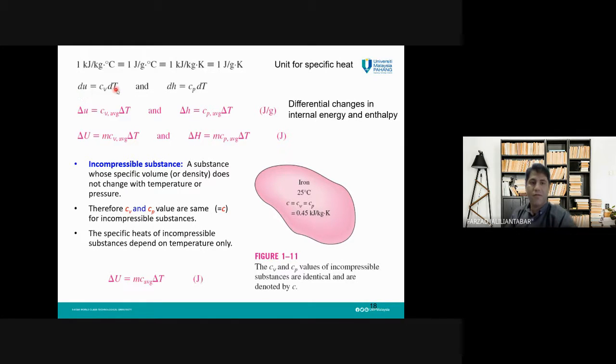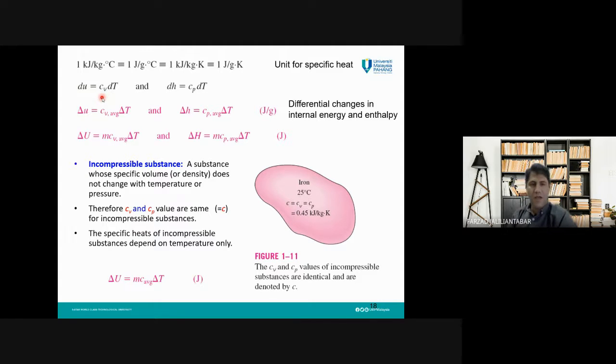But if we change the temperature, for example, by 10 degrees Celsius, how much will the internal energy of the system change? Then we can use this equation. It depends on the specific heat of that substance.